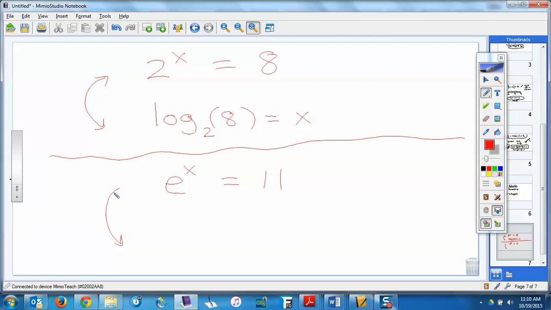So what would be the log on this one? Well, it'd be log base e of 11 equals x. Now log base e has a special name. That's natural log. We will almost exclusively use natural log in class this year. All it is is a log base e.